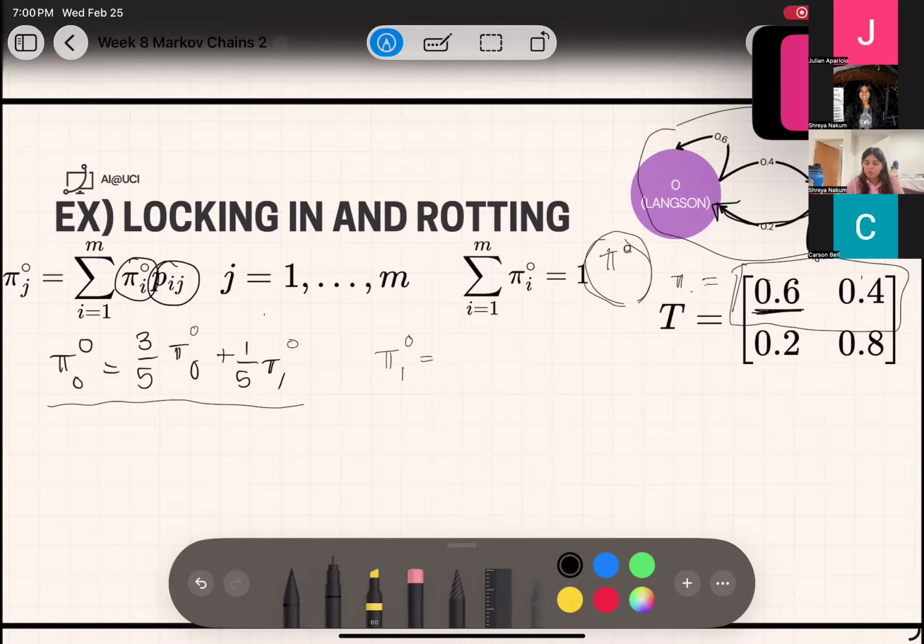If we're going from itself, the probability of staying at Science is 4/5, so it's 4/5 pi 1. And the other one is going from Langston to Science, which is 0.4, or 2/5.